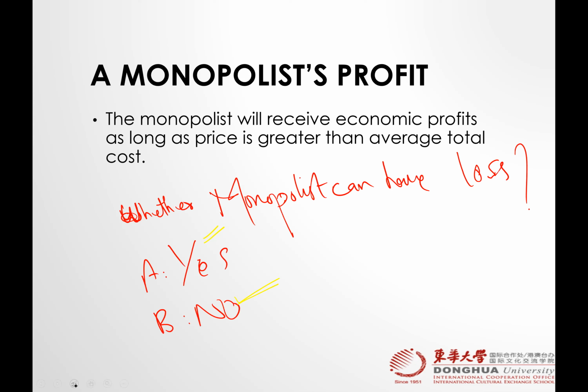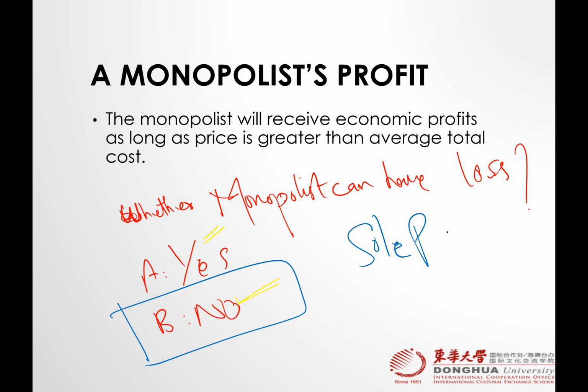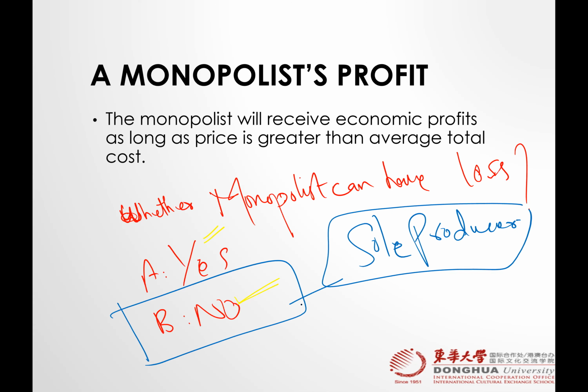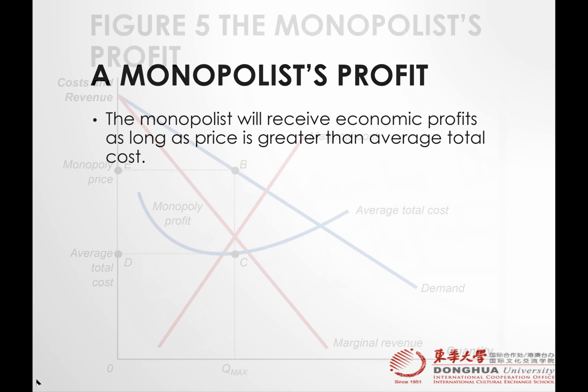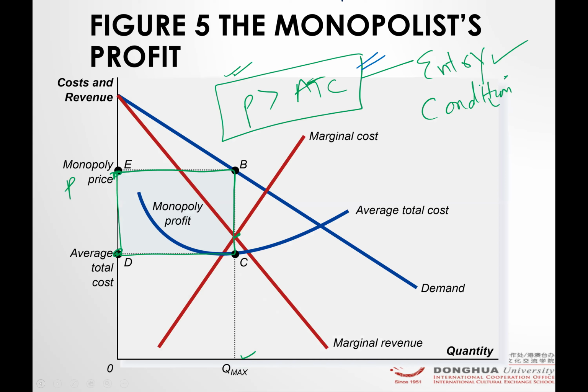So the right answer is no. Why? Because they are the sole provider of goods. They are the sole producer. So they cannot have a loss because price is always greater than average total cost. When price is always greater than average total cost, the profit equation is price minus average total cost multiplied by quantity.